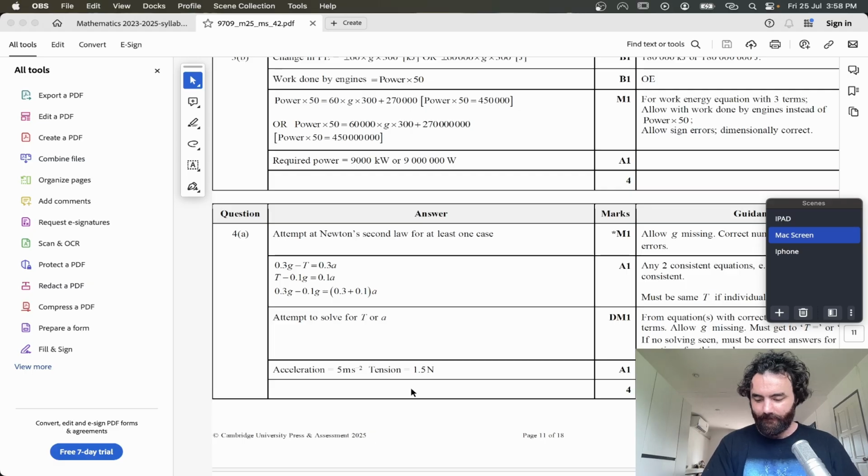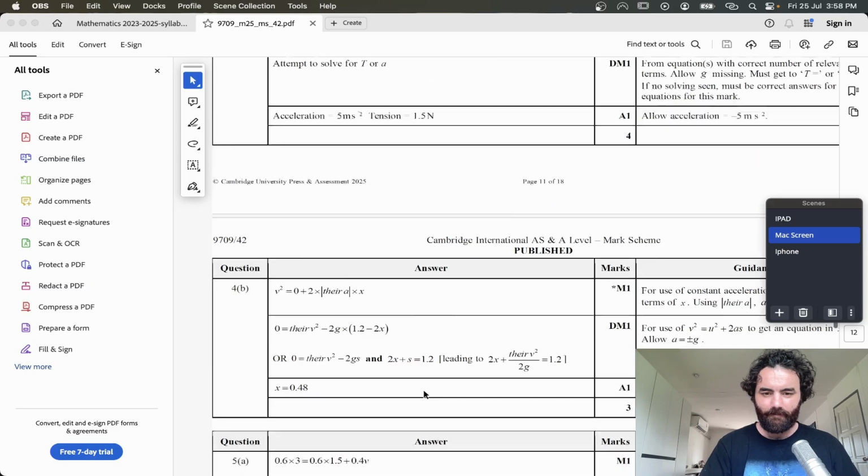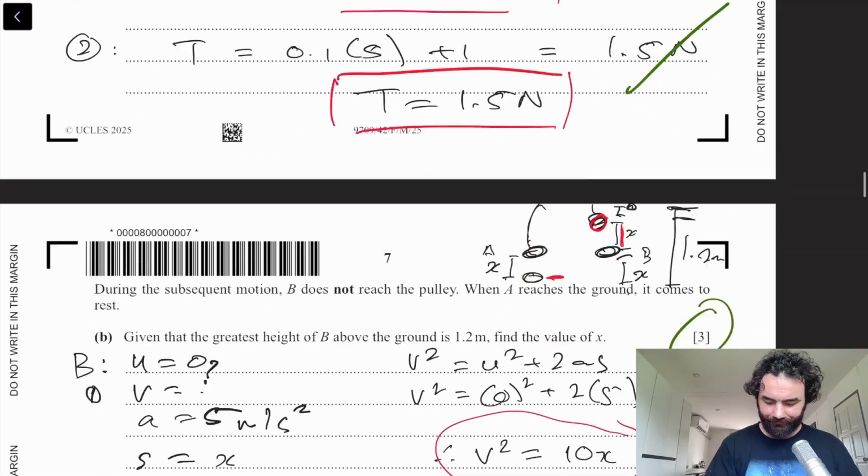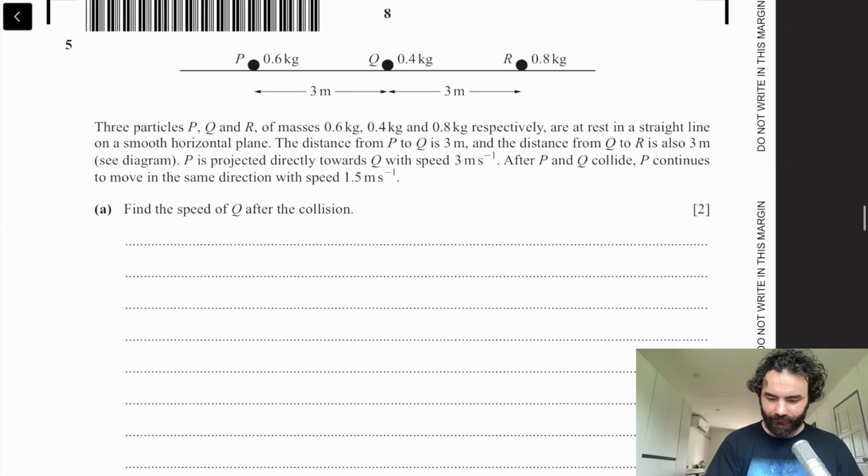Okay. And then we have 0.4. Okay, so that's correct as well. Cool. Okay, that's right. Back to iPad. Okay. Let's keep going.